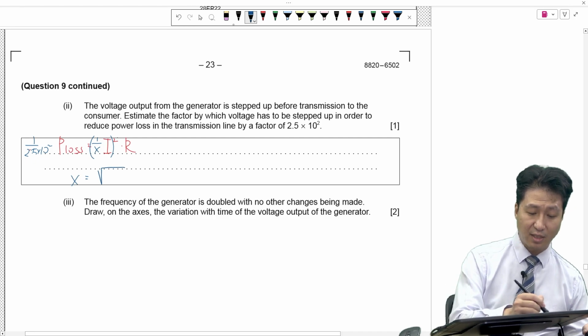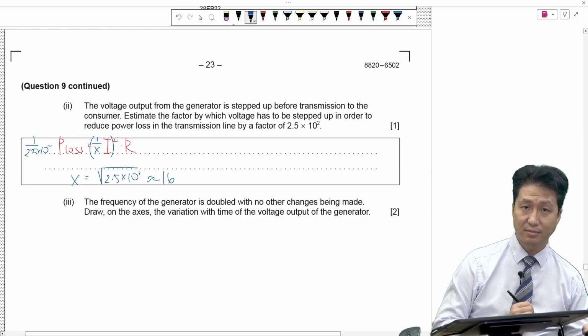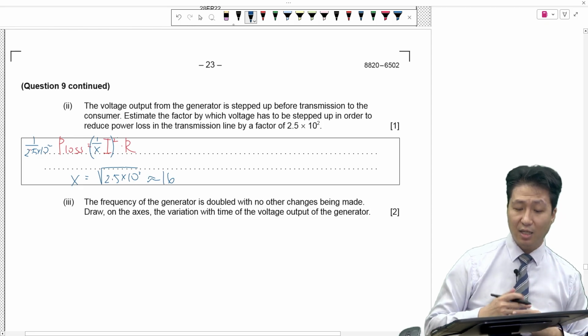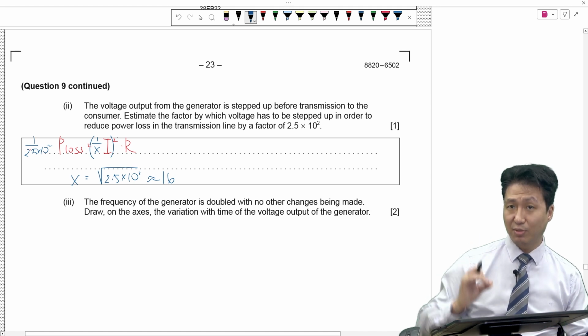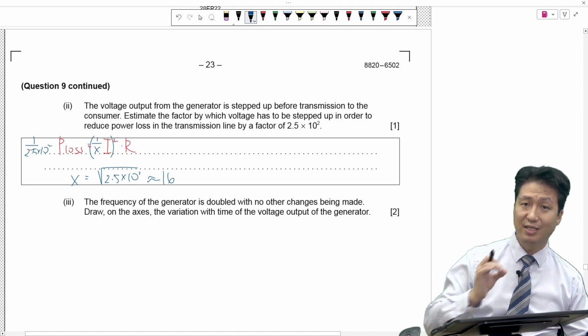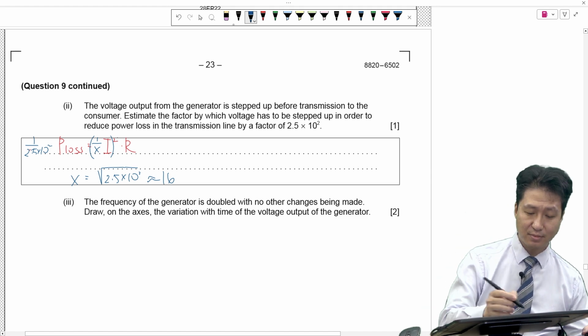In this case, x would be the square root of 2.5 times 10 to the second, which is approximately 16. What this means is the current is 16 times smaller and the voltage has to be 16 times higher. So this is to two significant figures.